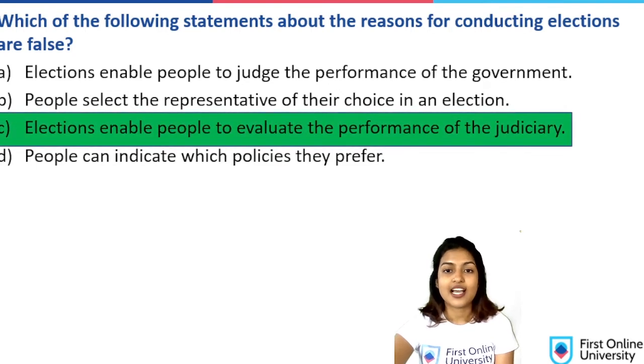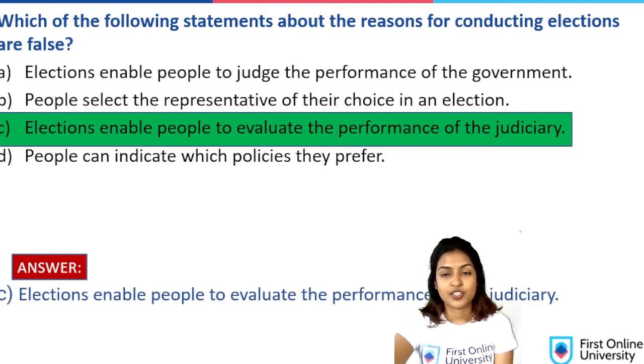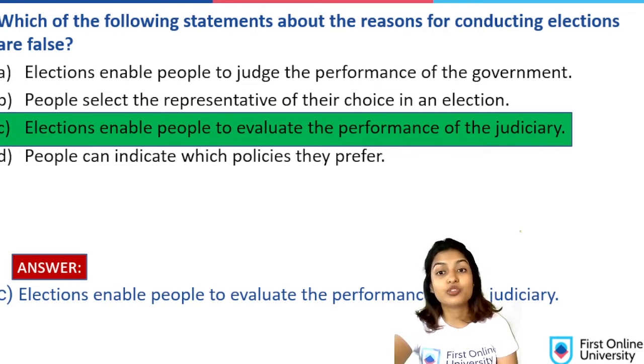The answer is elections enable people to evaluate the performance of the judiciary. So we should understand judiciary has no role at all in the election process except once the results have been declared. But in the true statement of this, you can correct it by saying elections enable people to evaluate the performance of the government.